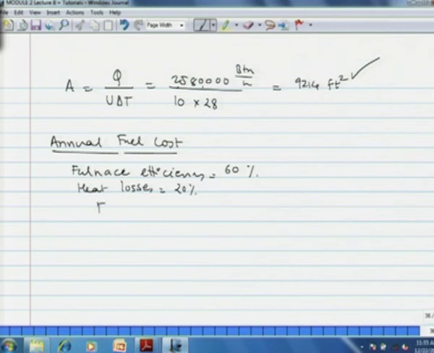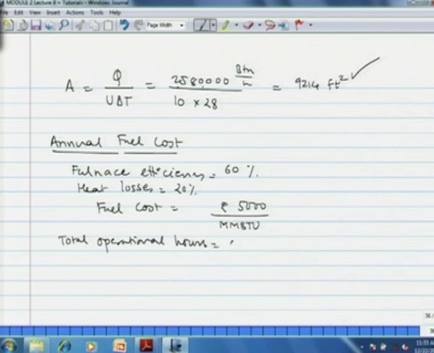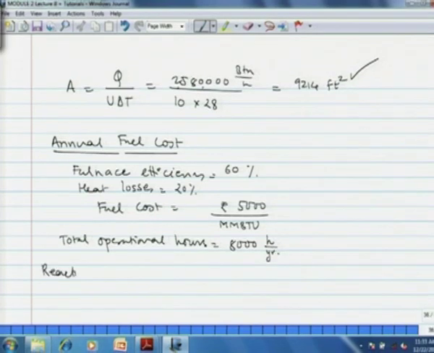And the fuel cost is rupees 5,000 per MMBTU, million metric BTU, and total operational hours as 8,000. The reactor heat load is 2.58 million BTU that we just determined.